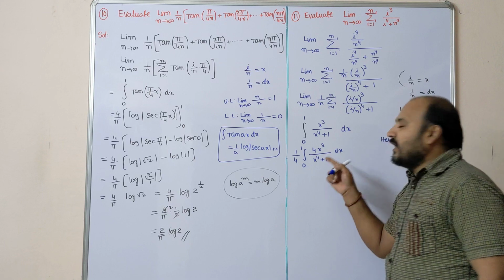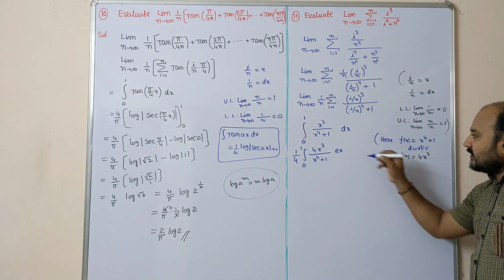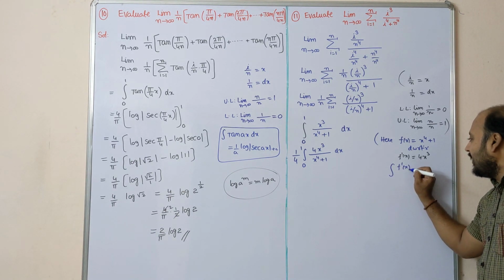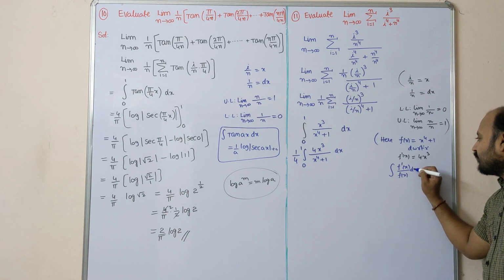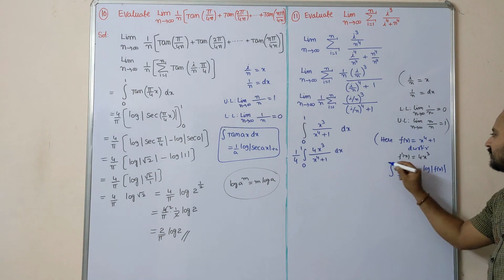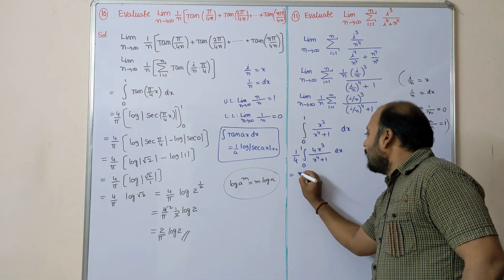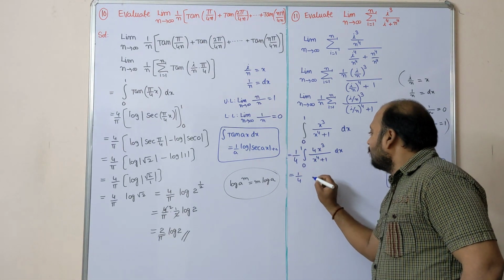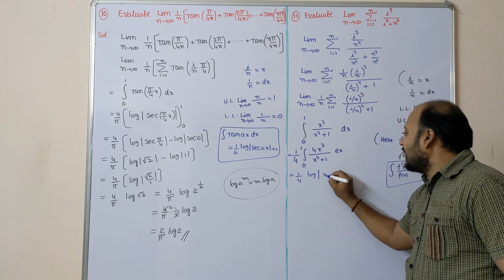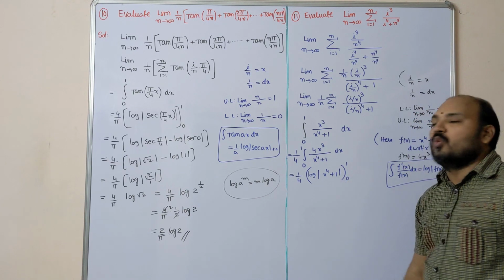So why are you doing it like this? If you do it like this, the integral is of the form integral f dash of x by f of x dx, that means log mod f of x. This formula we are going to apply. So now 1 by 4 log mod of x power 4 plus 1, applying the limits 0 to 1.